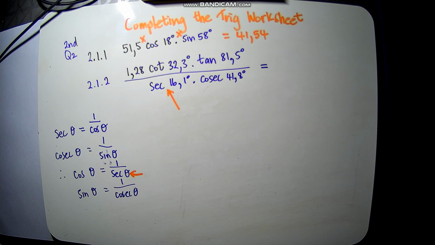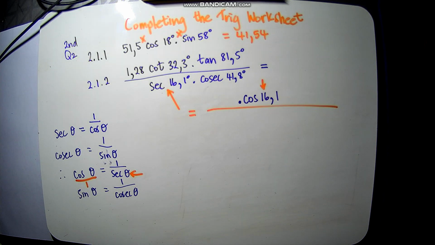Notice that cosec theta is really over 1, which means cosec theta is a numerator. Now that it's written over 1, I'm sure you can see that if you see secant 16,1 in the denominator, all you have to do is move that value up and switch it from secant to cos.